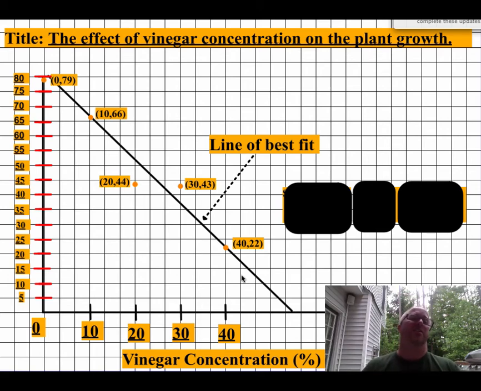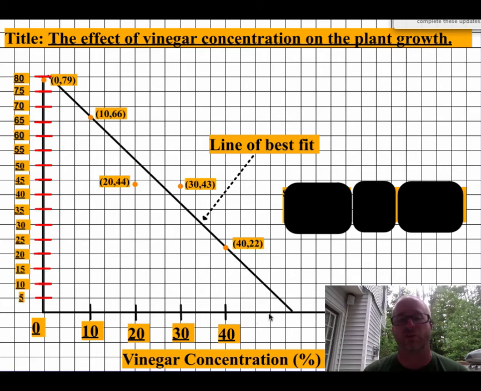Okay? And again, you might be asking yourself, why in the world am I having to do this? What is the point of this? Well, the point is, let's say we wanted to find out what would happen if we had 50%. What would happen if we had 50% concentration?